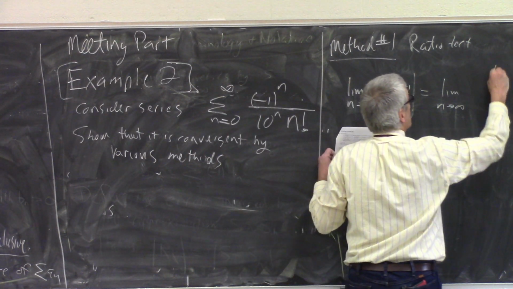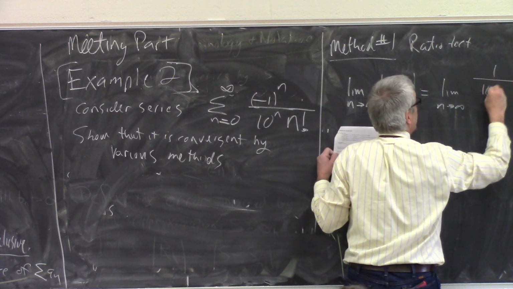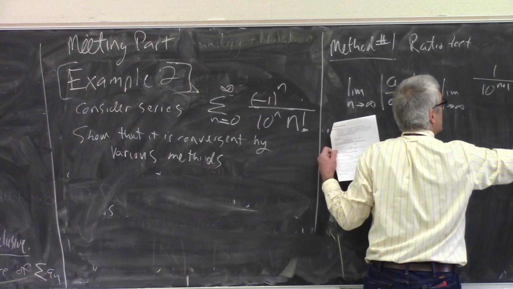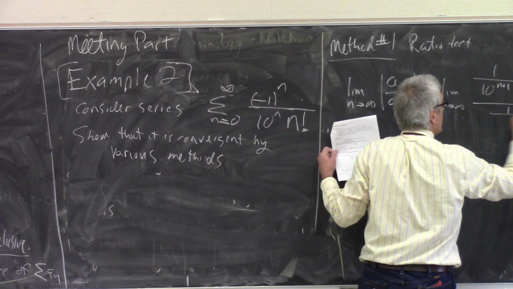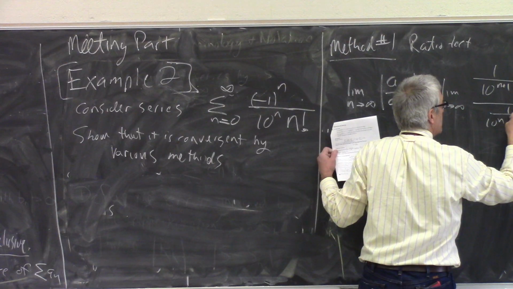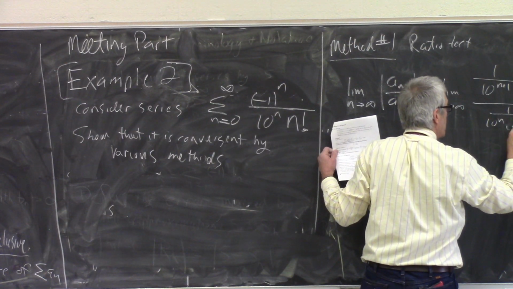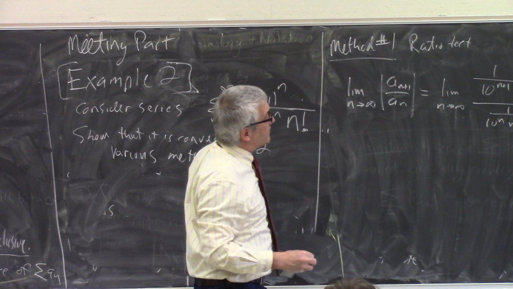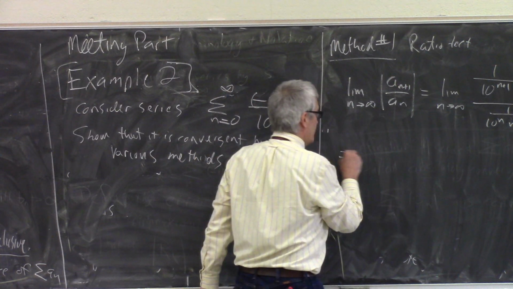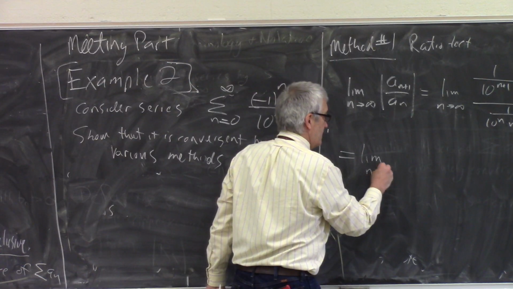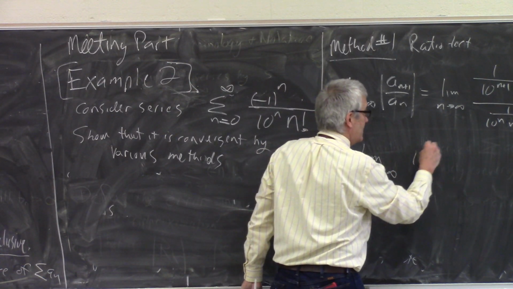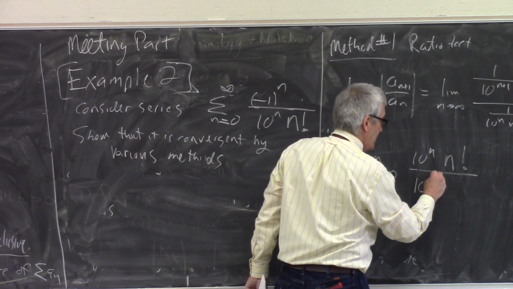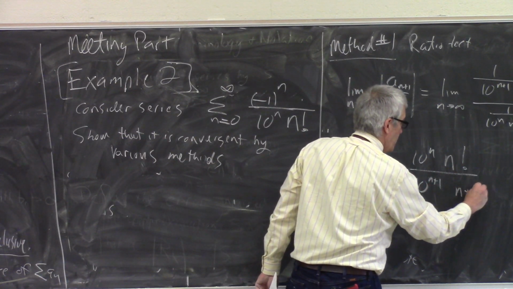So I get 1 over 10^(n+1) (n+1) factorial, divided by 1 over 10^n n factorial. Well, dividing by a fraction, we just flip over and multiply. So this is the limit as n goes to infinity of 10^n n factorial over 10^(n+1) (n+1) factorial.